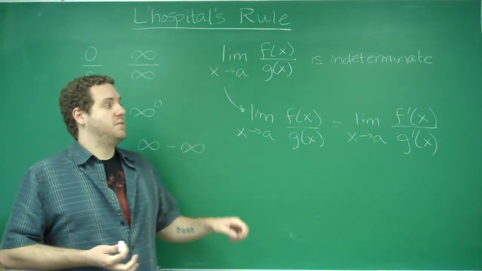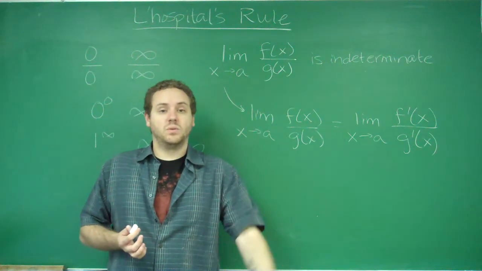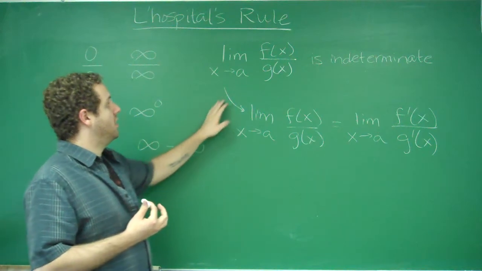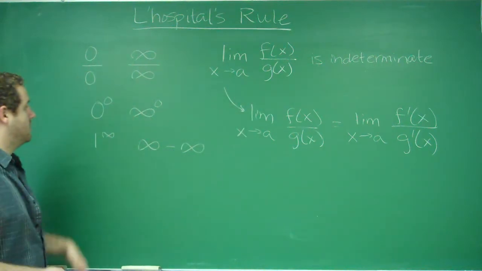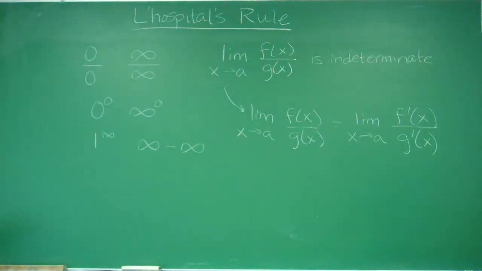But like I said, if you get something that's not indeterminate, and you try to do L'Hopital's rule to that one more time, it will get you an incorrect answer. So you can only use this on limits that are indeterminate, and indeterminate forms look like that.